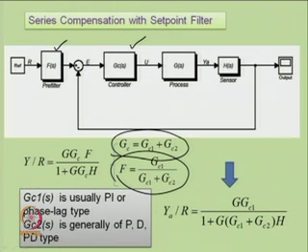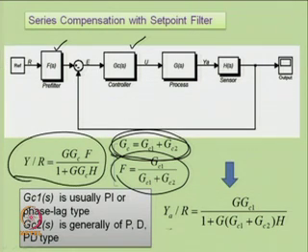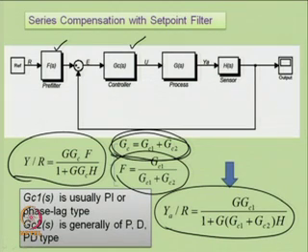So, if I put the earlier designed GC1 and GC2 in this series compensation with set point filter, with GC equal to GC1 plus GC2 and F equal to GC1 upon GC1 plus GC2, then the closed loop transfer function from this scheme becomes G GC1 upon 1 plus G times GC1 plus GC2 H(s).